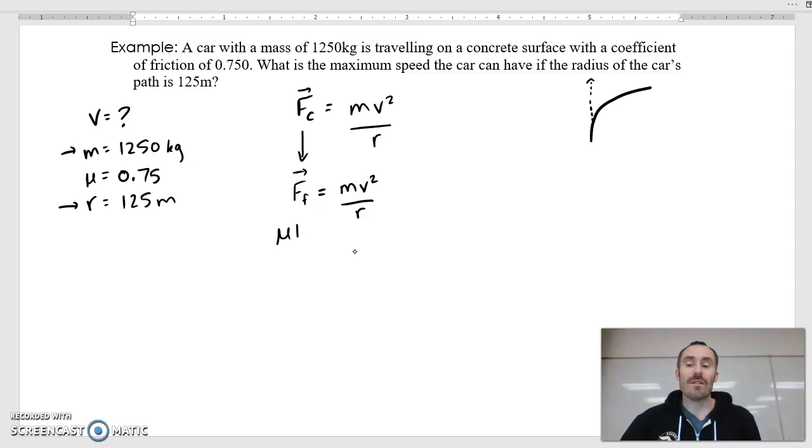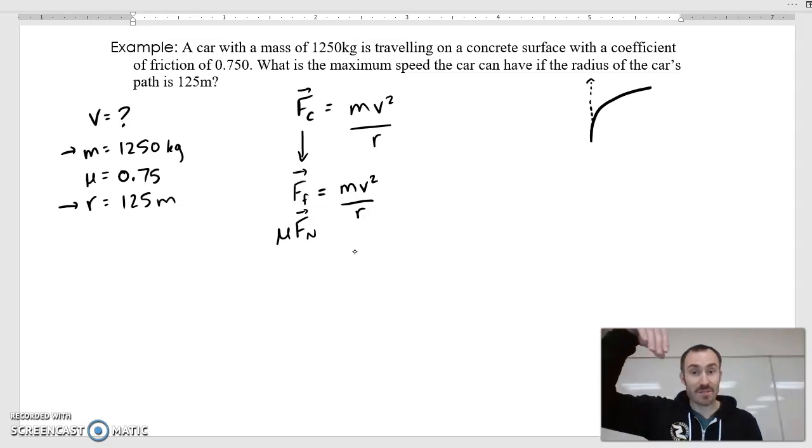Luckily, we have a formula for that. So it's the coefficient times the normal force. And it doesn't tell us the normal force either, but this is a level surface. This isn't a banked curve. This is just a level curve. And so that tells us that the force of gravity and the normal force should be equal to each other, right?